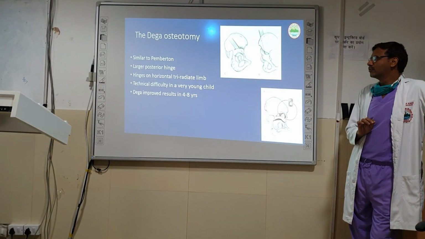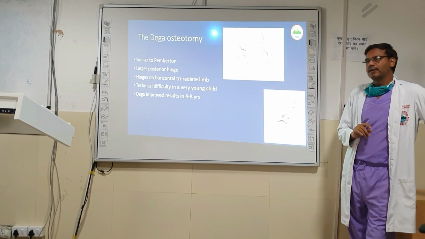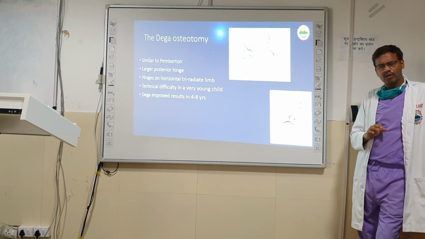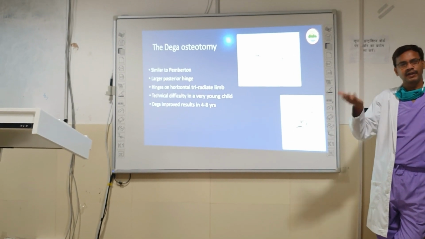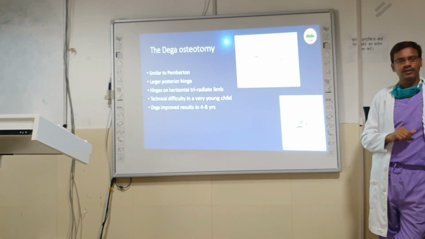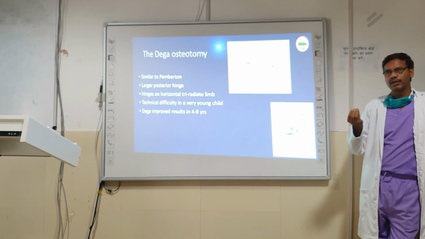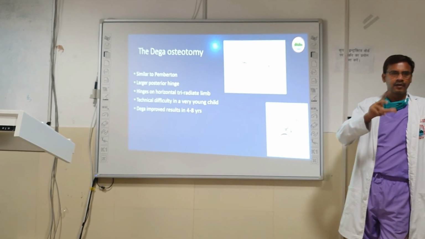Most of our procedures are Dega osteotomy, and it is said jokingly that the surgeon may not always know where the osteotomy is going. You may sometimes enter the horizontal limb of the triradiate cartilage, you may not enter. So they have come up with a new term called Pemberga osteotomy, which is a combination of Pemberton and Dega osteotomy.